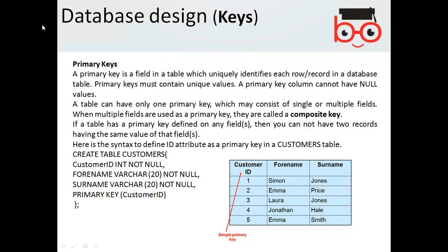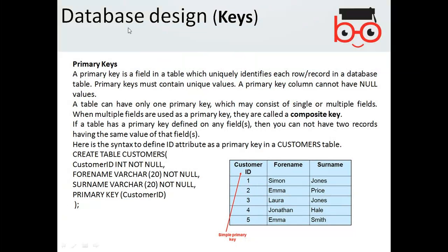Primary key. A primary key is a field in a table which uniquely identifies each row or record in a database table. A primary key must contain unique values. A primary key column cannot have null values. So when you say a primary key, it means it will uniquely identify a row or record.